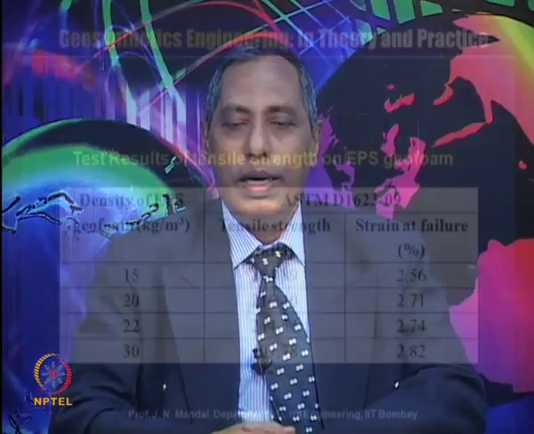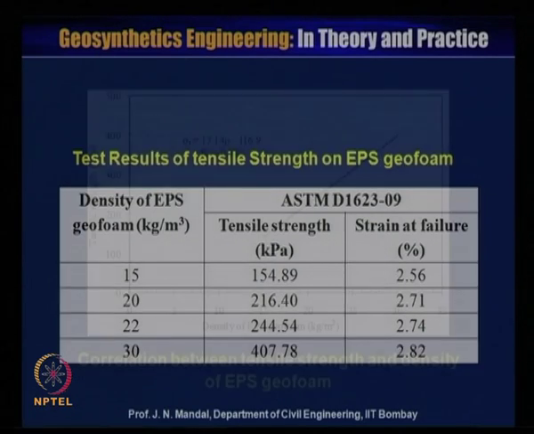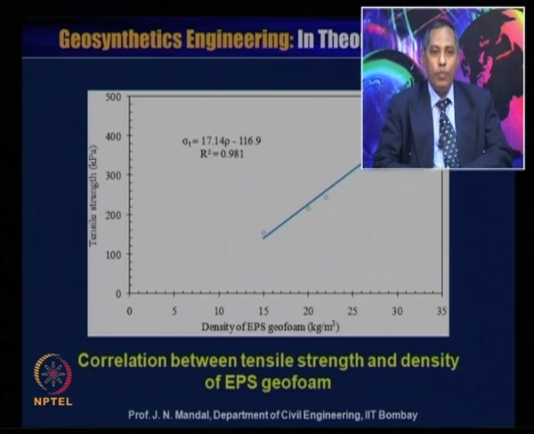The tensile strength value is from about 154.89 to 407.78 kilopascal depending on the density of the expanded polystyrene geofoam, and the strain value lies between 2.56% to 2.82%.